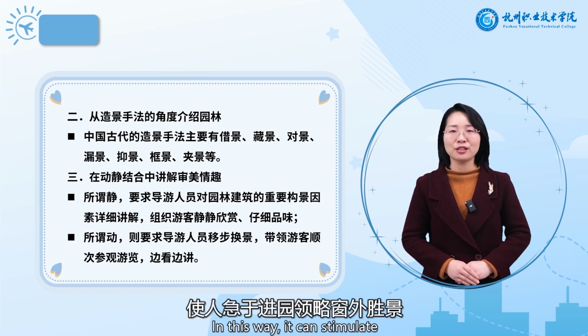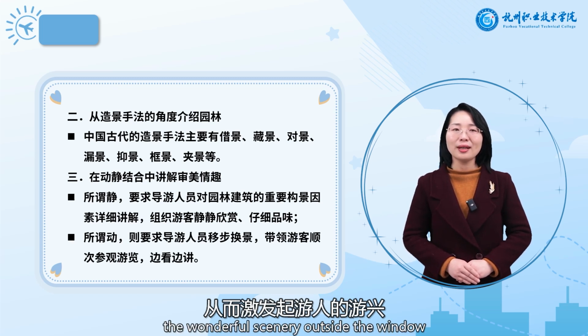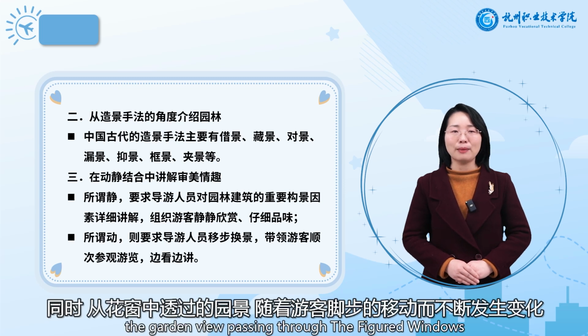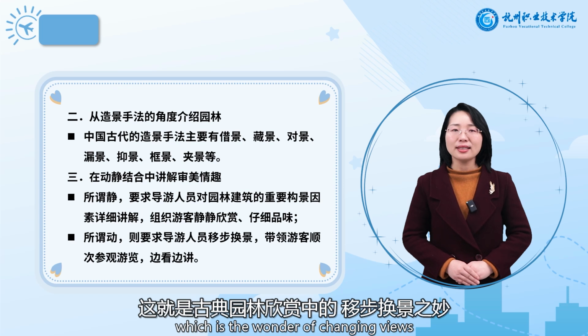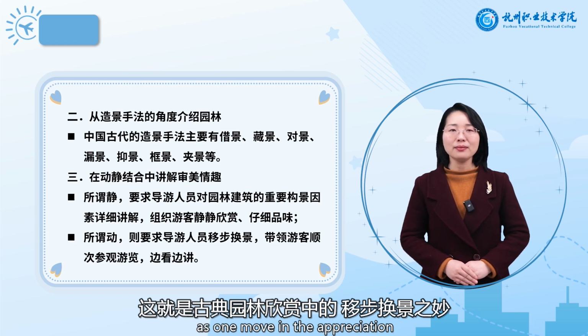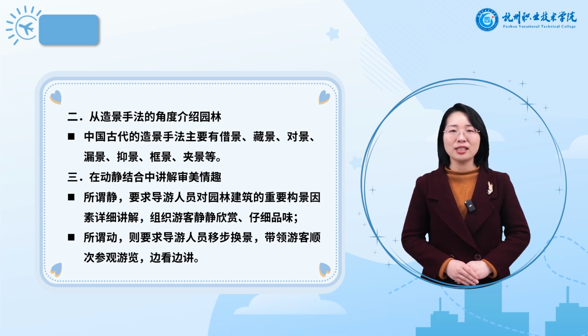In this way, it can stimulate the tourist's interest in traveling, making people eager to enter the garden to appreciate the wonderful scenery outside the window. Meanwhile, the garden view passing through the figured windows keeps changing as the tourists move their steps, which is the wonder of changing views as one moves in the appreciation of classical gardens.